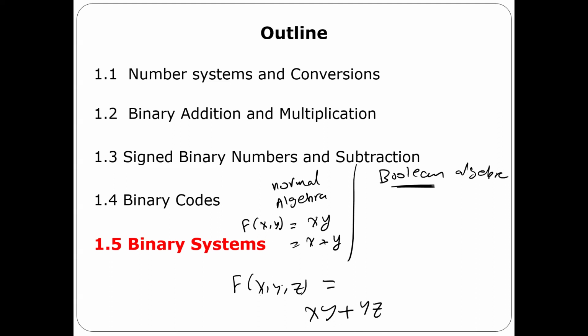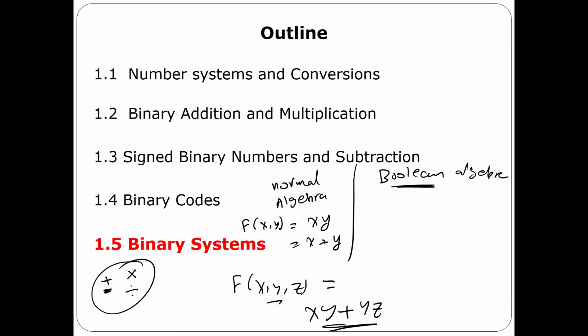And using these variables and operations like addition, subtraction, multiplication, division, I can create a function, a relation between input and output. Is that okay? You know, this is normal algebra. Now, here in logic circuits, I want to do the same thing.